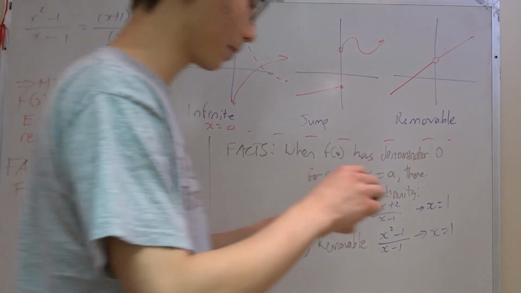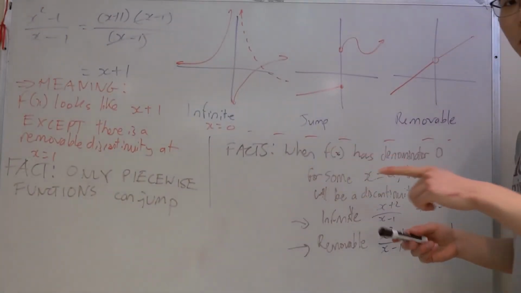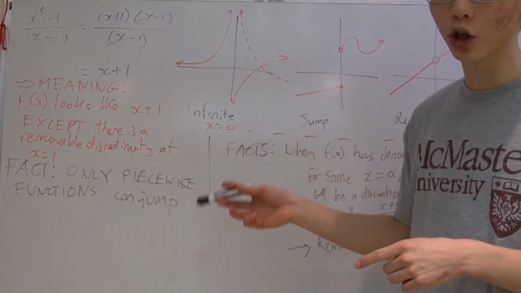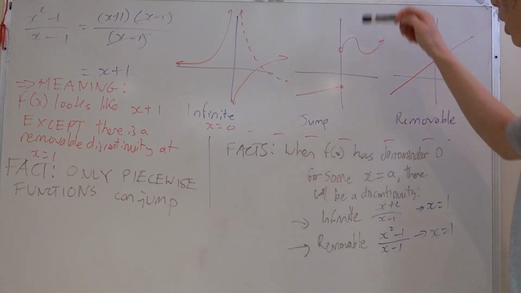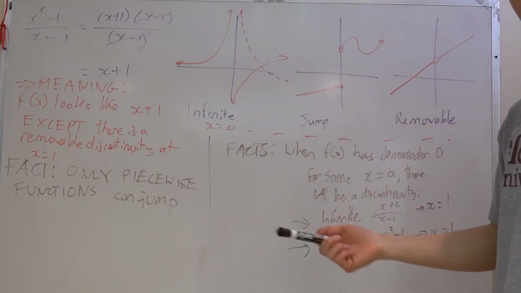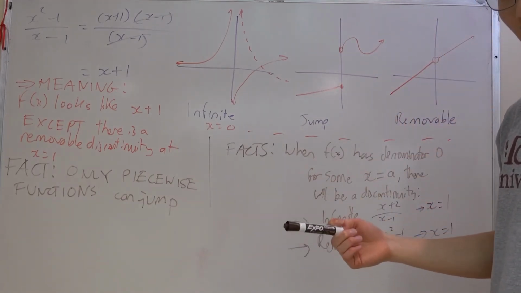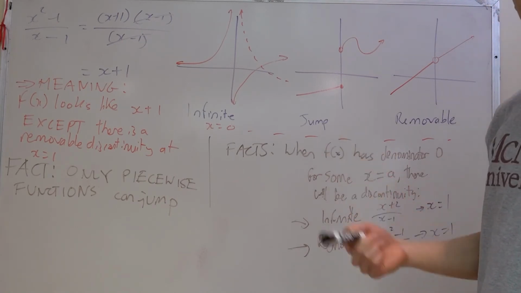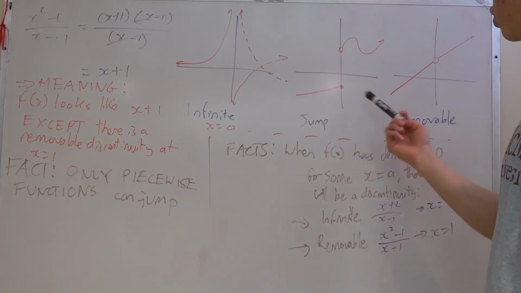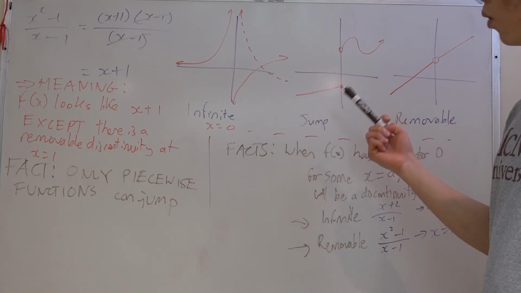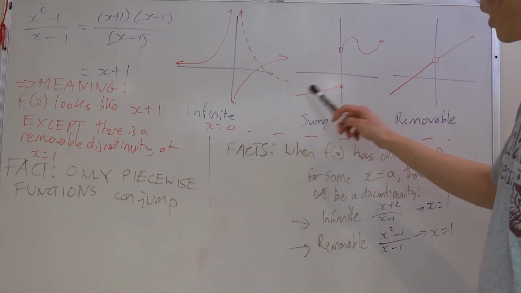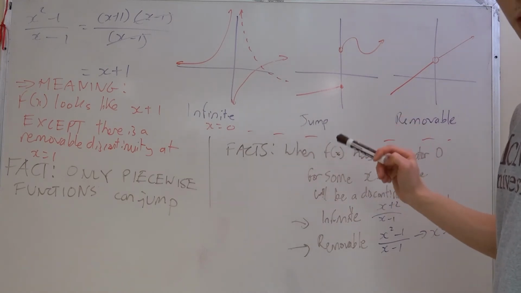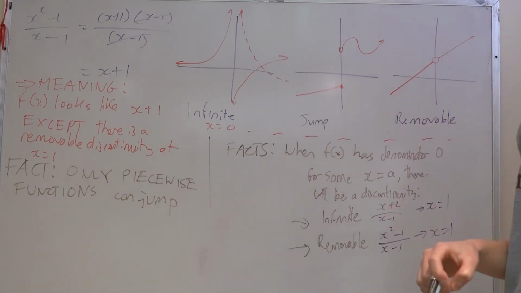Okay? So that doesn't mean that piecewise functions can only jump. It means that the only way you can have a jump discontinuity is if you have a piecewise function. Let me reiterate that. Just because you have a piecewise function doesn't mean there is a jump. Okay? The only thing that you have to be concerned with is that your answer should never be a jump discontinuity unless you know that your function is piecewise.